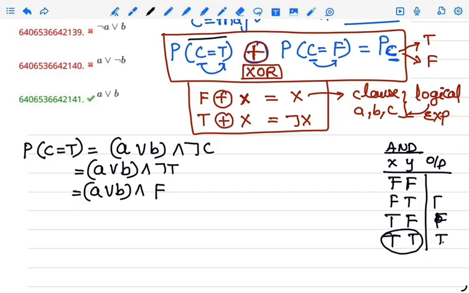True is 1 and false is 0 in Boolean algebra.